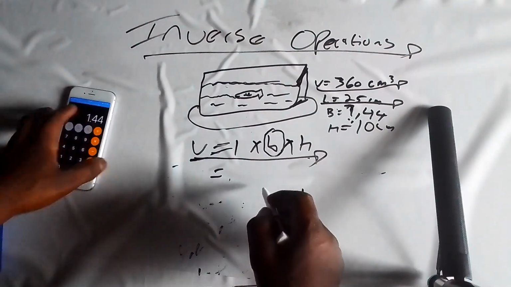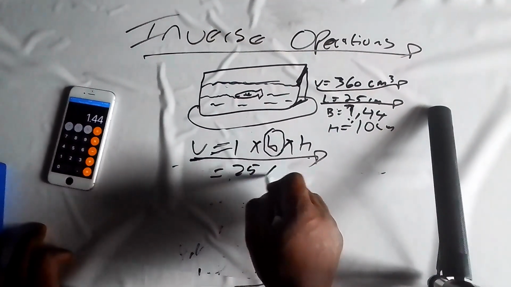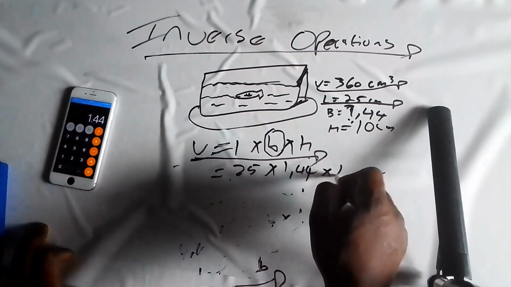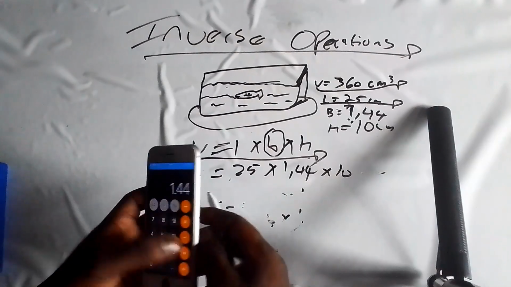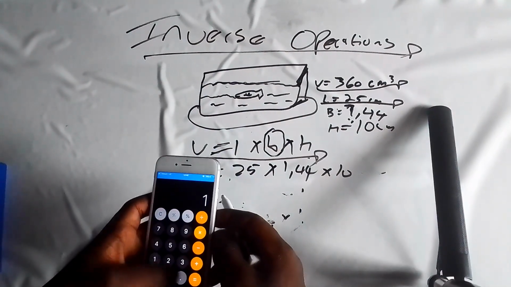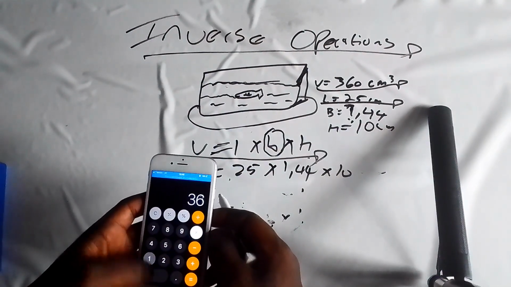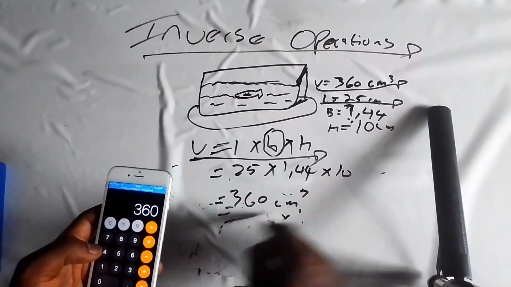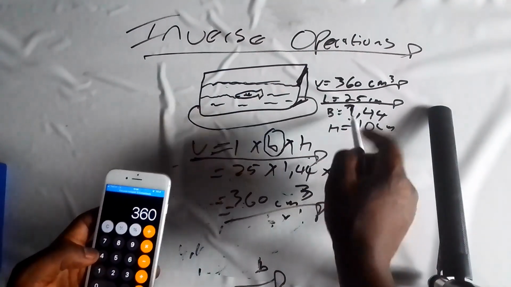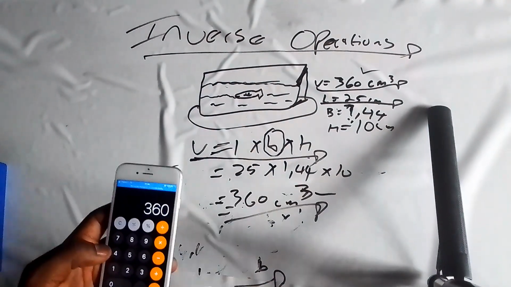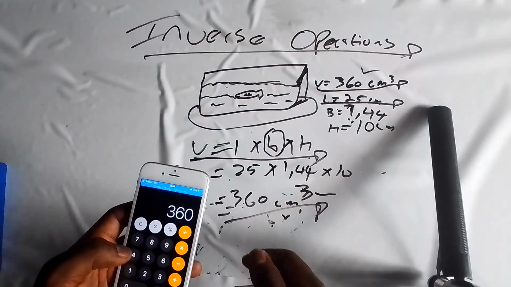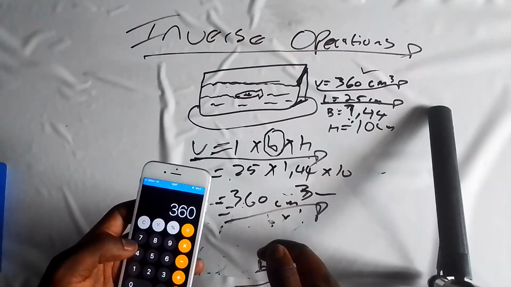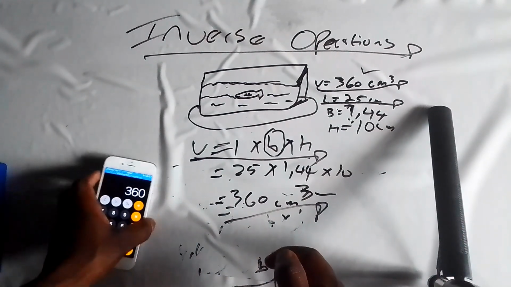So now let us see, if we say 25 times 1.44 times 10, what does it give us? It gives us 360. So this is the 360 that we have here. So that's just how you rearrange or play around with formulas to find a different subject.